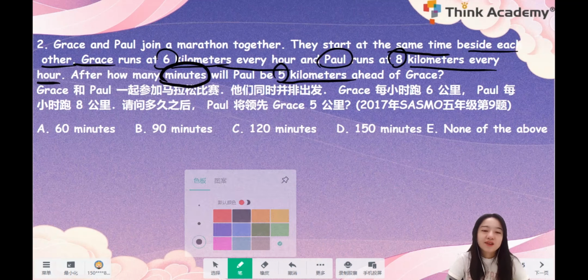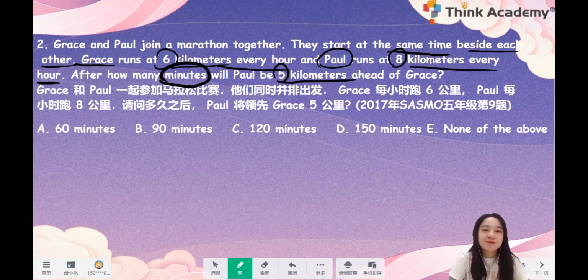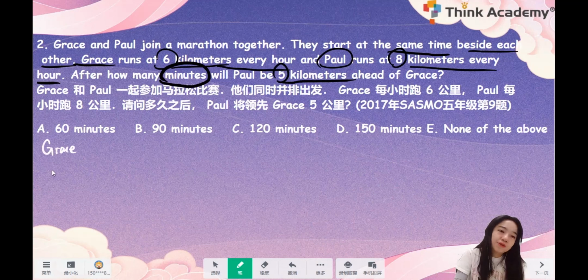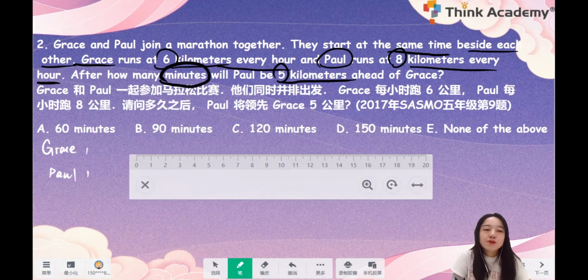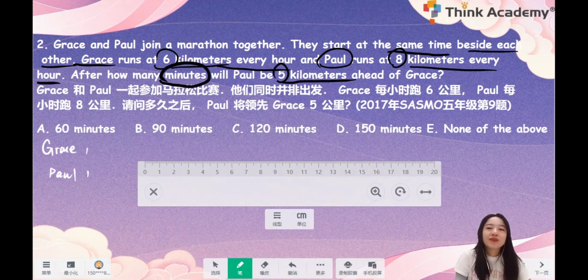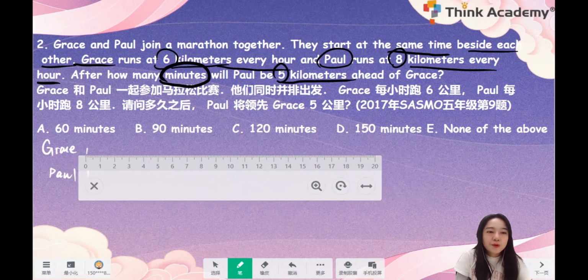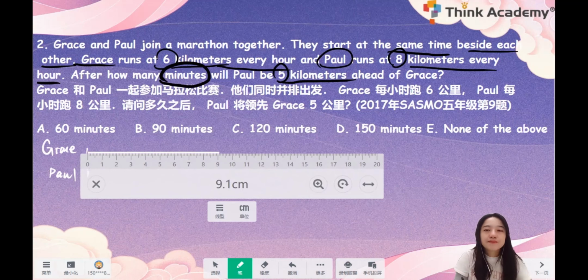Now let's see. Still, we need to draw the diagram at once. Different people at different layers. So Grace and Paul should be put in different layers because they start at the same time and the same place. So the left points should be aligned. And we know both of them are traveling.